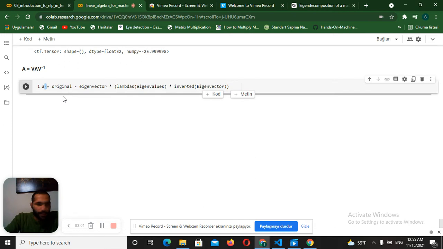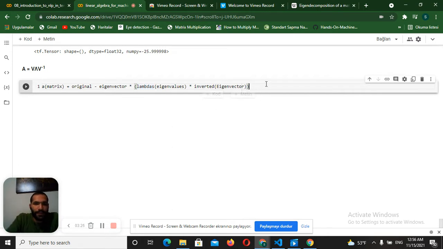We can say the A matrix here. But here, I mean lambdas, in this place we have a diagonal matrix.